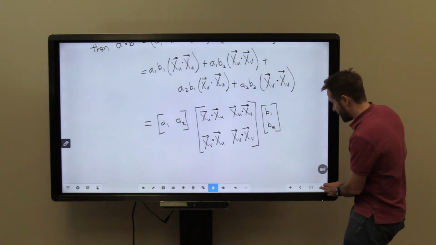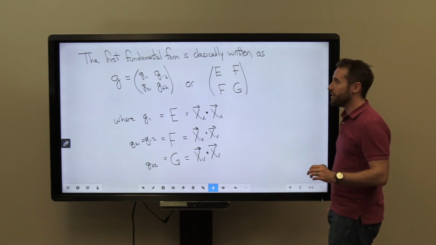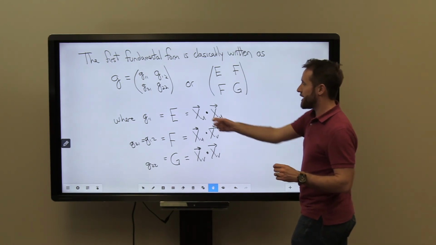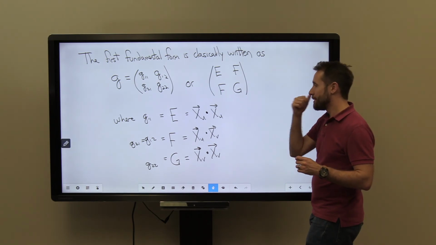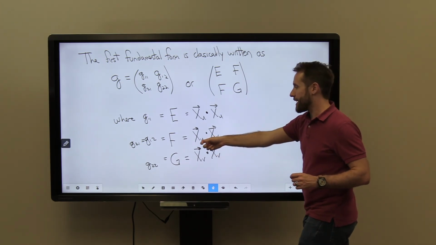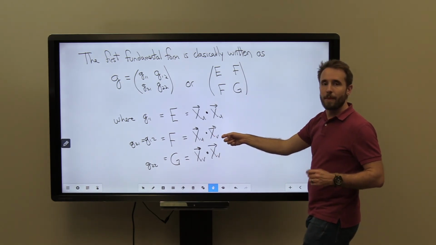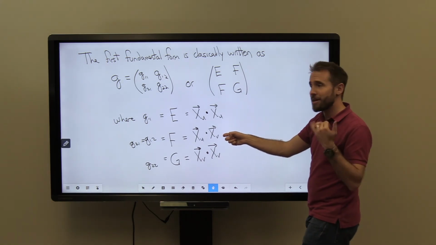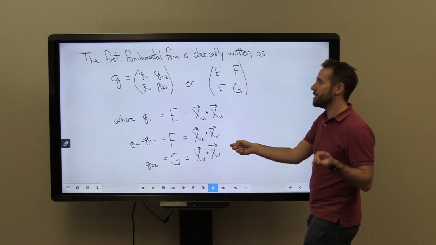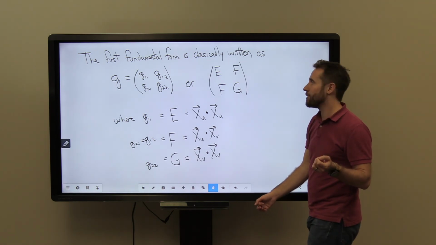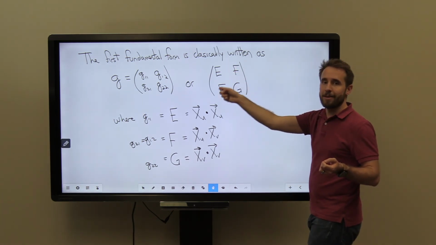In particular, the G11 entry, that upper left entry, is just x sub u dotted with x sub u. The G12 entry is x_u dotted with x_v. Of course, because the dot product is symmetric, the G12 entry is the same as the G21 entry. That's why the F's are both the same.